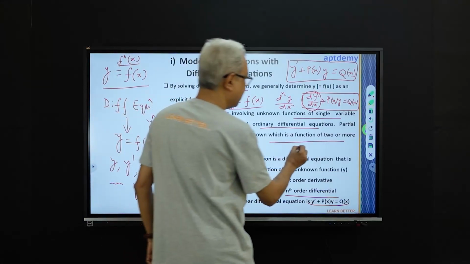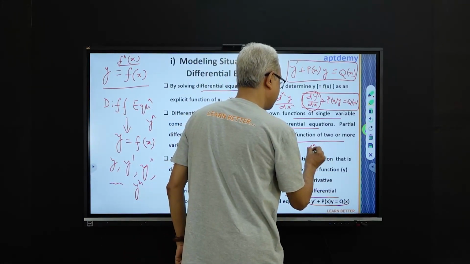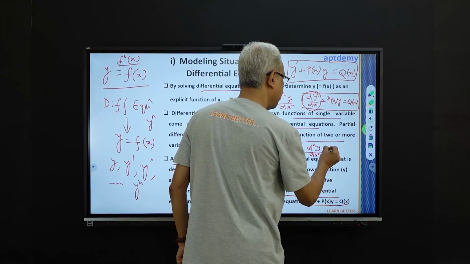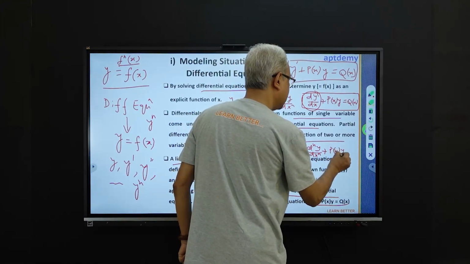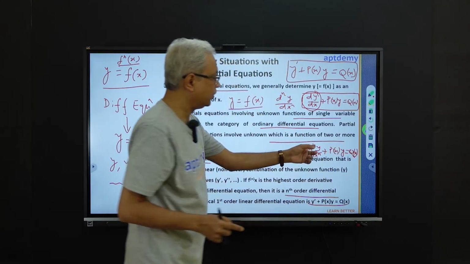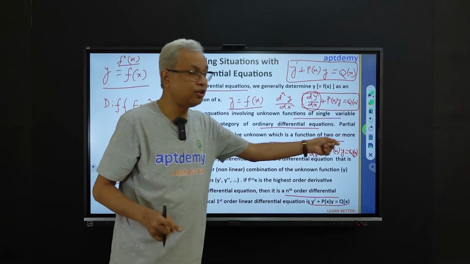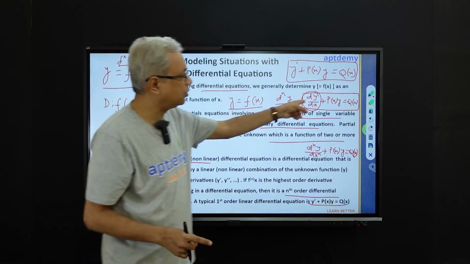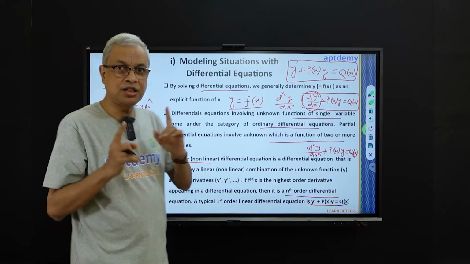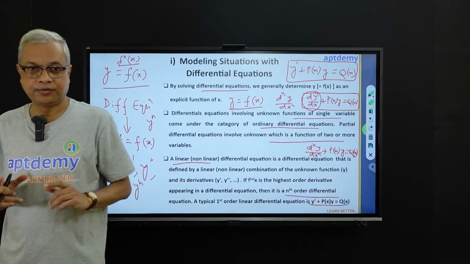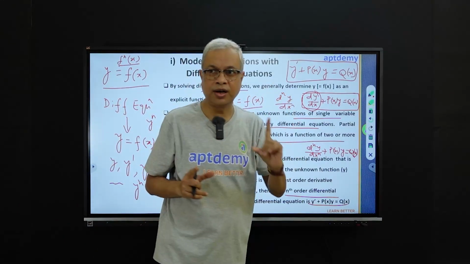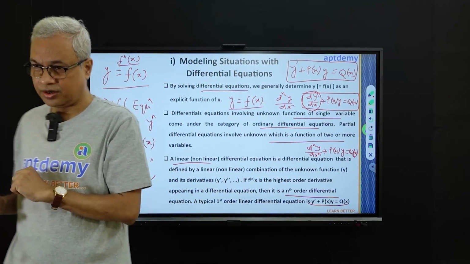Had there been a term like d^n y / dx^n plus p(x) y equal to q(x), then we would call this differential equation an nth order differential equation. This equation is a first order differential equation. In this module for the AP AB exam, we need to consider only first order linear differential equations.